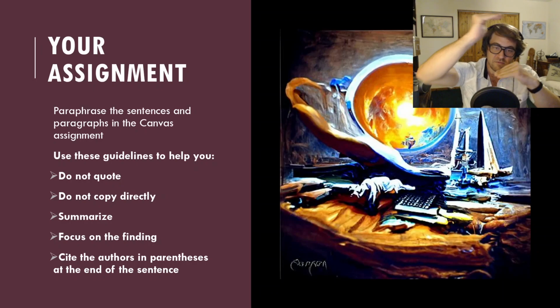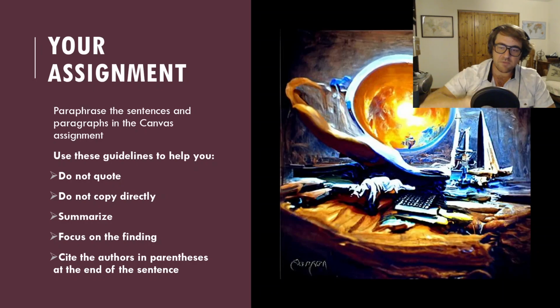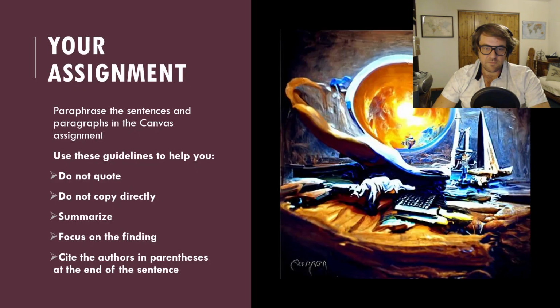So put those in your brain. Do those every time for this assignment, when you're writing your paper, do all these things. Okay. Hopefully you feel better about paraphrasing, and good luck.